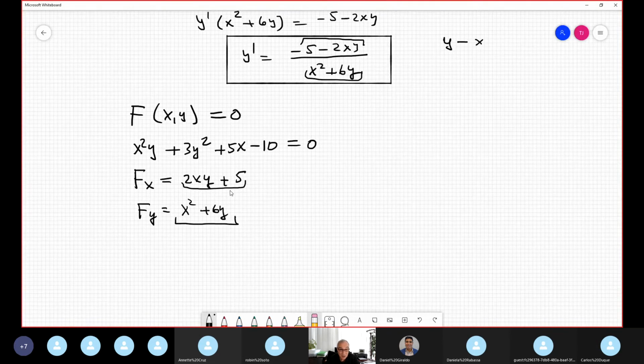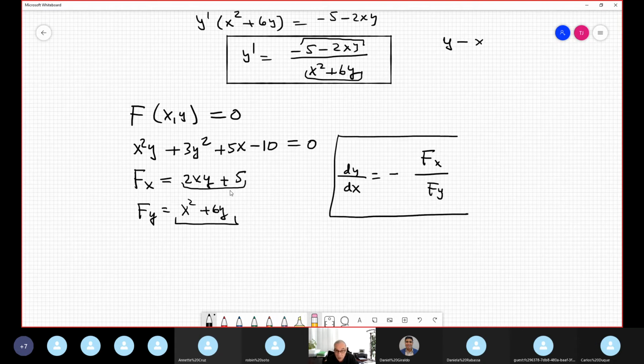So what is the formula? The formula is dy/dx equals minus F sub x divided by F sub y, where capital F is the implicit function when you move everything to the left and put the right hand side at 0. You differentiate this new function with partial derivative with respect to x and partial derivative with respect to y. This is the formula, and we use that formula in more complicated cases.